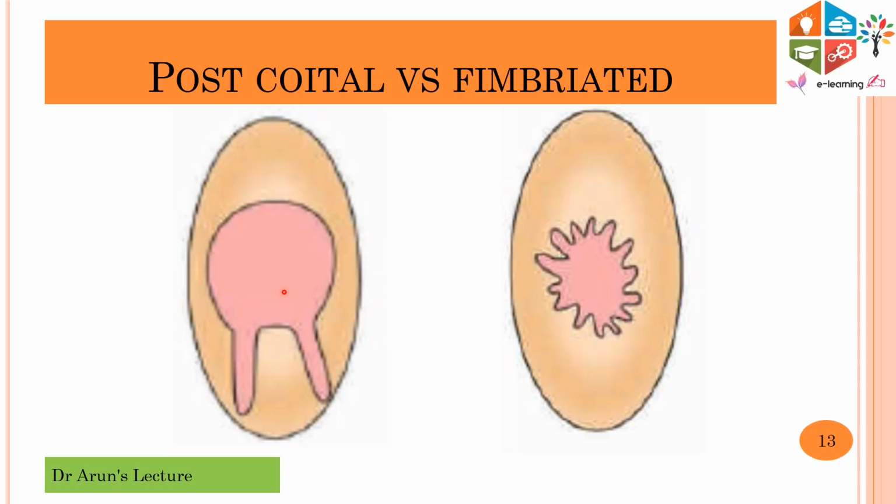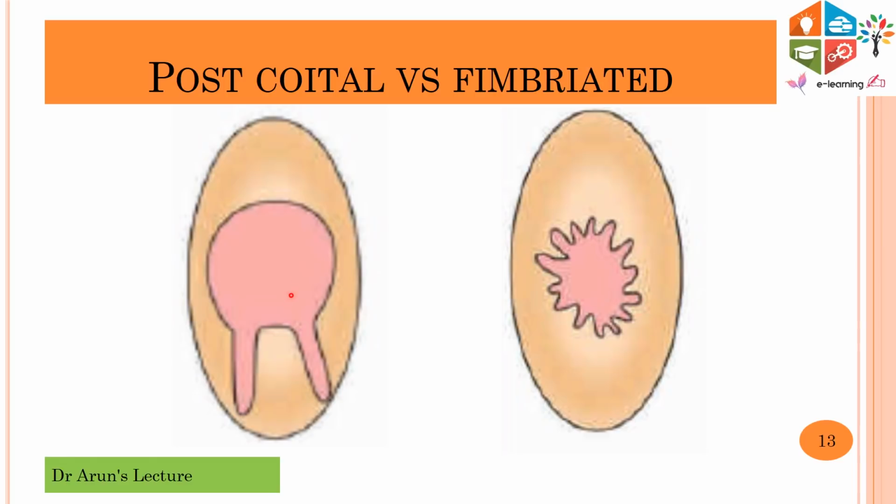The mucous membrane over those notches is torn in the case of postcoital hymen, and in the case of fimbriated hymen, the mucous membrane that covers the notches or the central opening remains intact.